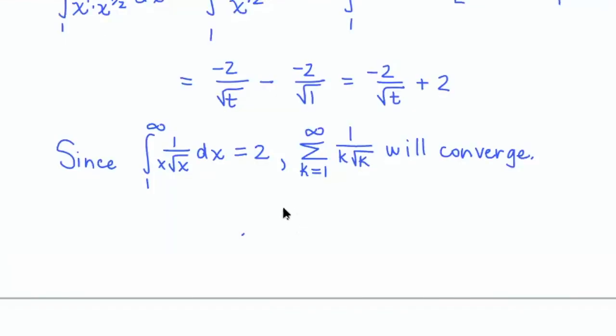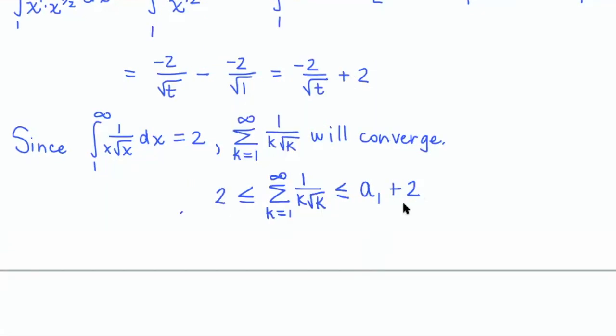So as we just saw, the inequality will be the value of the improper integral is going to be less than or equal to the series value, which will be less than or equal to a sub 1 plus the improper integral's value. So all we have to do is calculate a sub 1 for this series, which if it's 1 over k times the square root of k, that's just going to be 1.